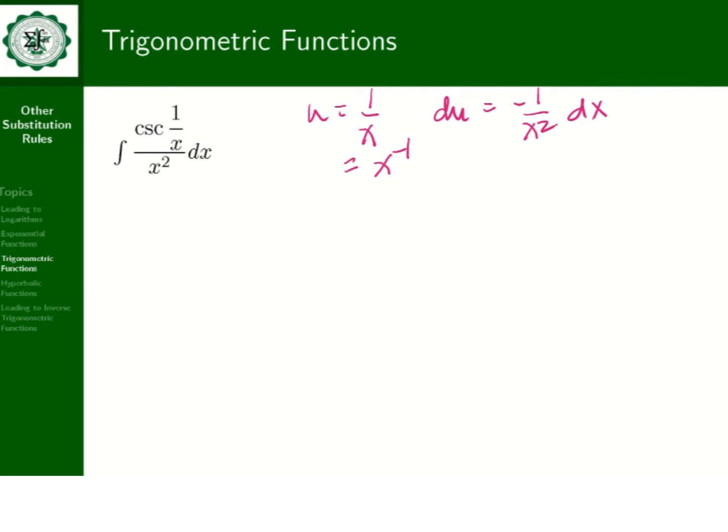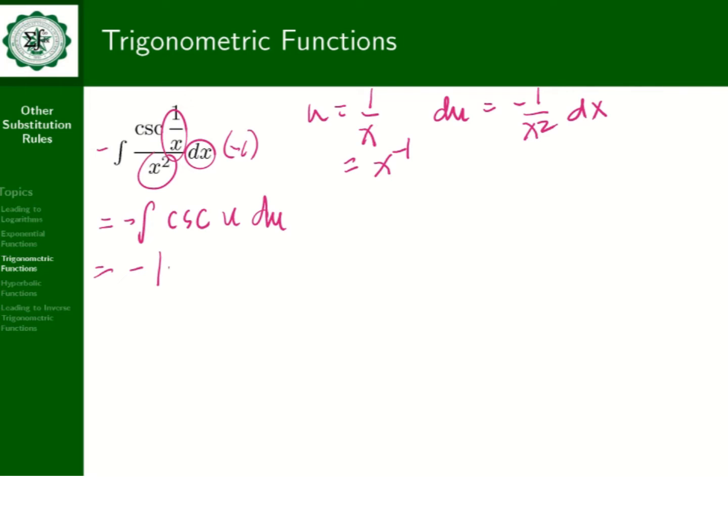Now, our given will be transformed into cosecant. So 1 over x will be replaced by u. Then dx over x squared is going to be du, but we need to multiply this first by negative 1, and then we put negative 1 outside. So the given becomes negative integral of cosecant of u du. And then we use the formula.